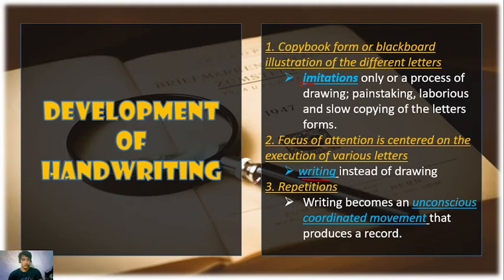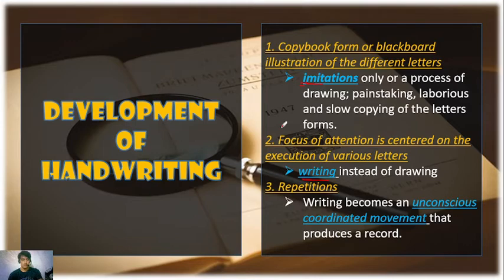With these three basic steps, or these three basic stages, this is how we were able to acquire or develop our handwriting. Basically, it starts from imitation, especially during childhood, copying the letters that were being shown to us, especially the alphabets. The next one is the writing procedure, or the steps on how to write the different letters.